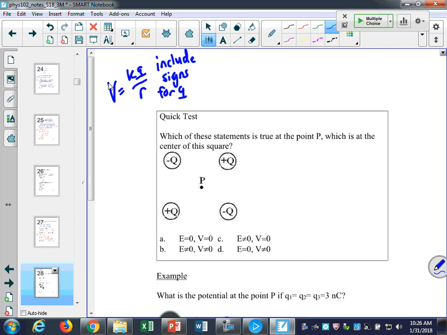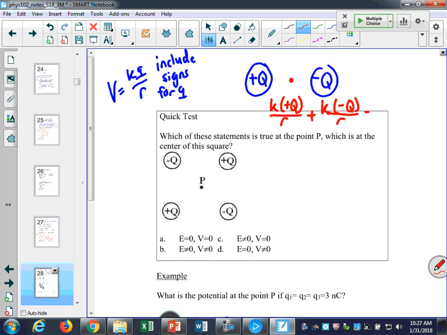So if I have, say, a plus Q here and a negative Q here, at a point in the middle of these, I have two potentials that are interacting. I have K times plus Q over R, and then I also have K times minus Q over R, and that's equal to 0, because the Q's are equal and they're equidistant between those two objects.